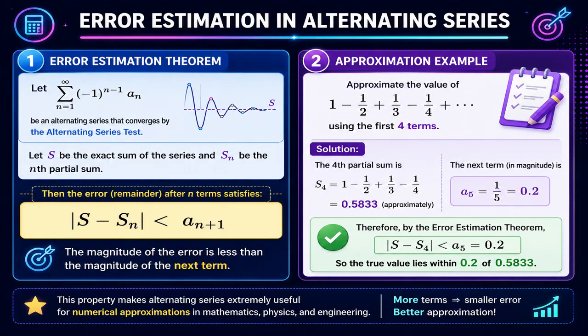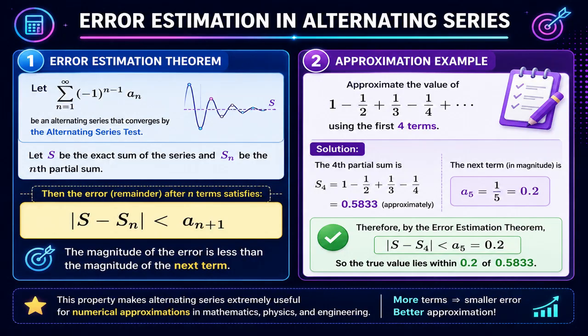Let's look at the approximation example on the right. Suppose we want to approximate the value of our alternating harmonic series using just the first four terms. Our fourth partial sum S4 gives us the approximation 0.5833. The very next term in magnitude is a sub 5, which is 1/5 or 0.2.